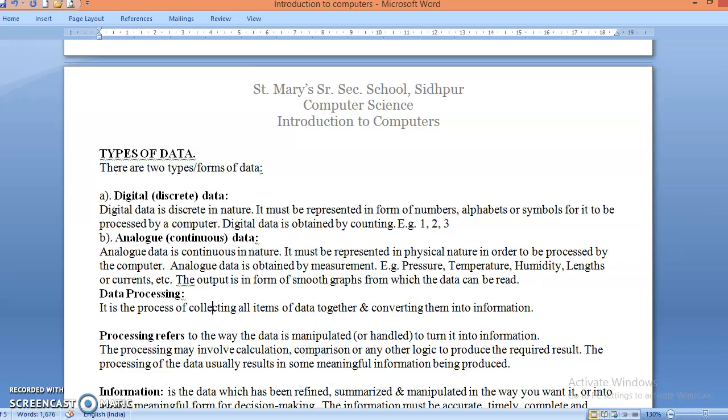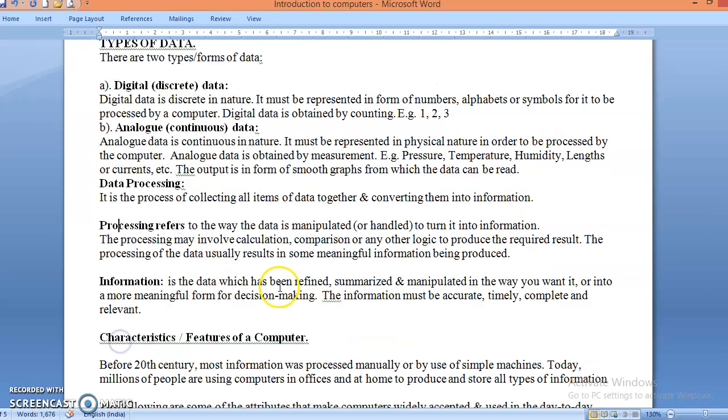When we talk about data processing, it is the process of collecting all items of data together and converting them into information. I hope it is clear that information is the meaningful result that a computer gives us after processing the data or input. Processing refers to the way data is manipulated or handled to turn it into information.